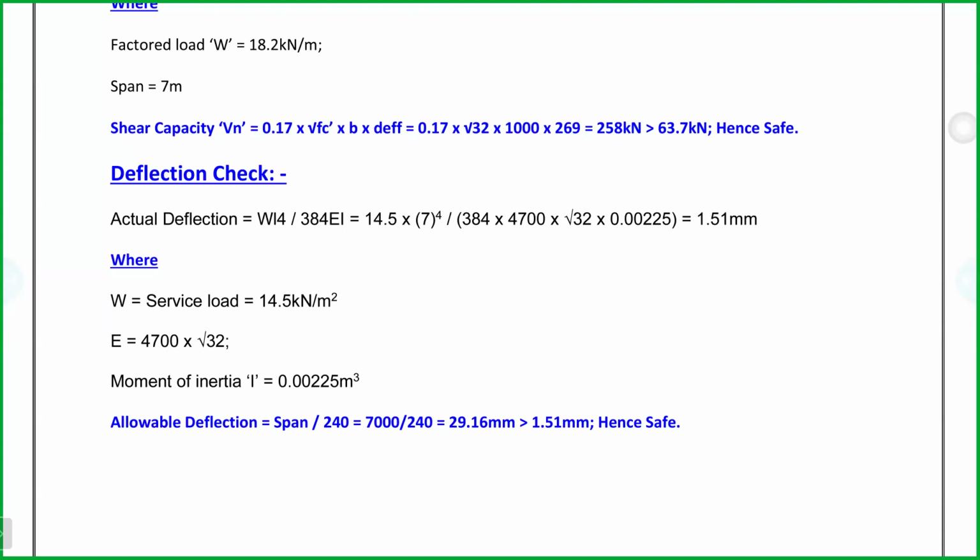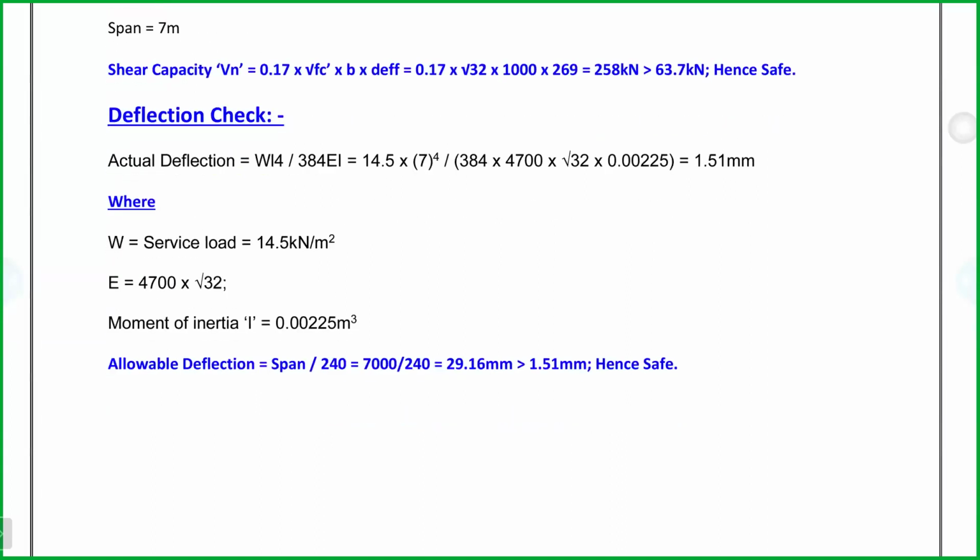When there is no beam, then two-way shear is going to be governed rather than one-way shear. Very clear. I will focus on two-way shear in foundation design, where it will be more understandable. So remember, when the slabs are surrounded by beams, only one-way shear is going to be governed. Then, yes, deflection check.